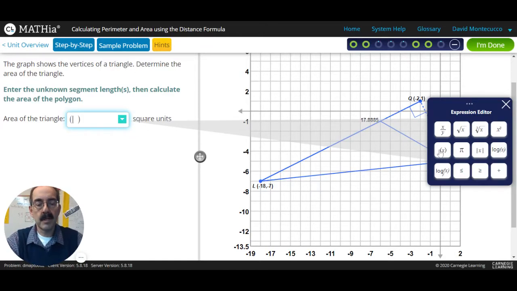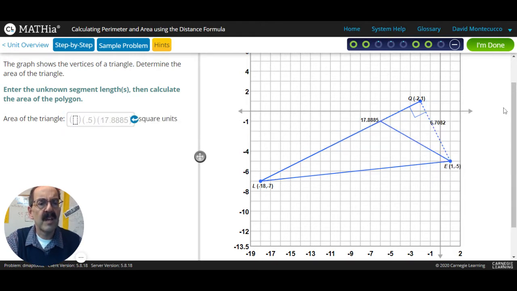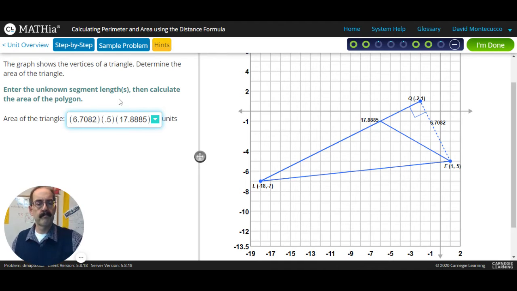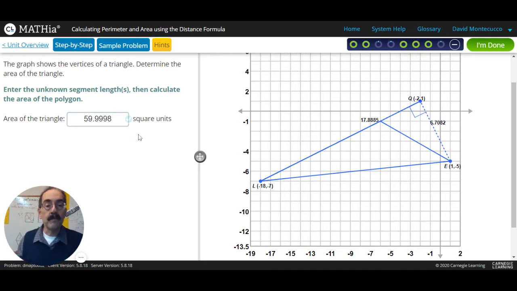So let's try parenthesis 0.5 parenthesis 17.8885 and parenthesis 6.7082. Cool. Because the 0.5 is the 1/2. Cool. All right, let's check it.